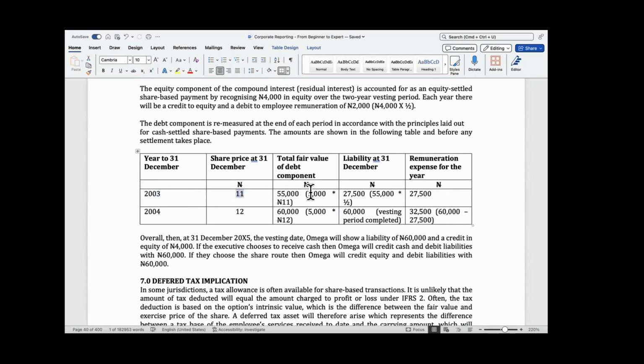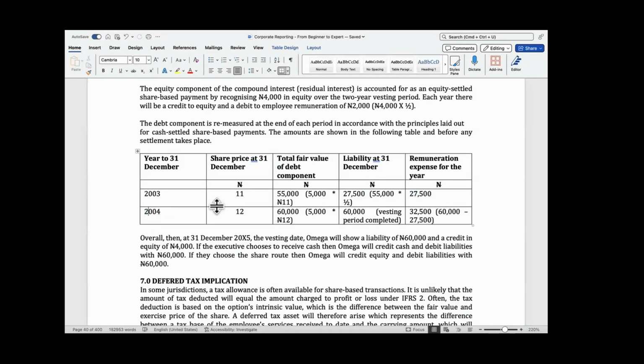So the value of the debt is now 5,000 times 11. Again, this is the value at the vesting date. So what you recognize in year one is just this 55,000 divided by 2. You recognize that as liability, then the other leg goes to staff cost in P&L.